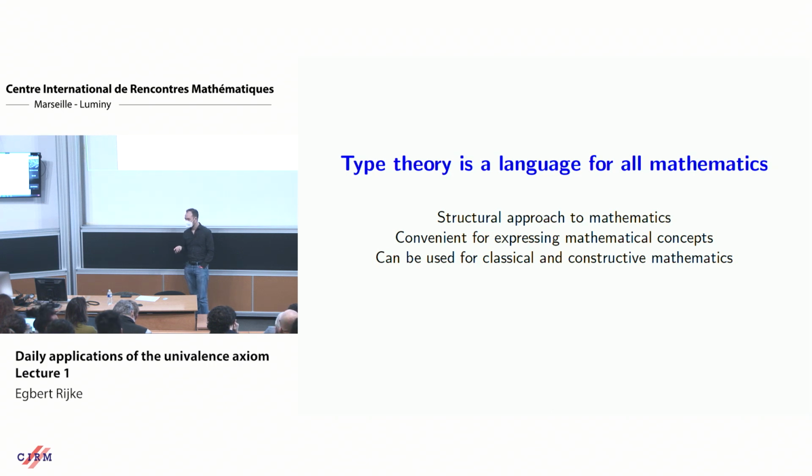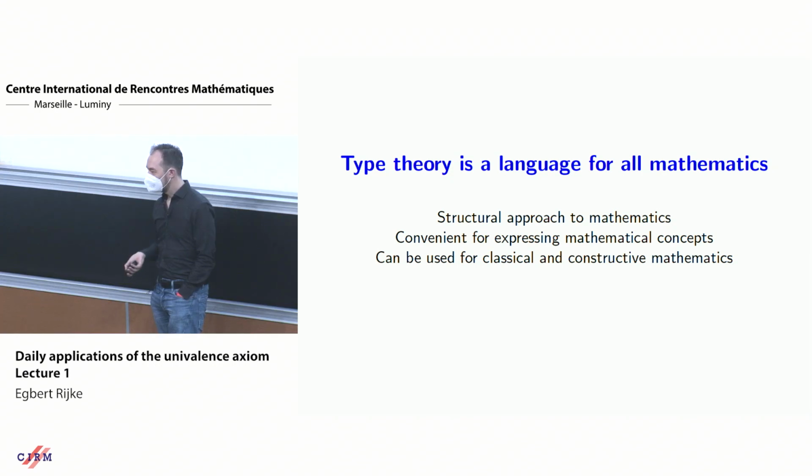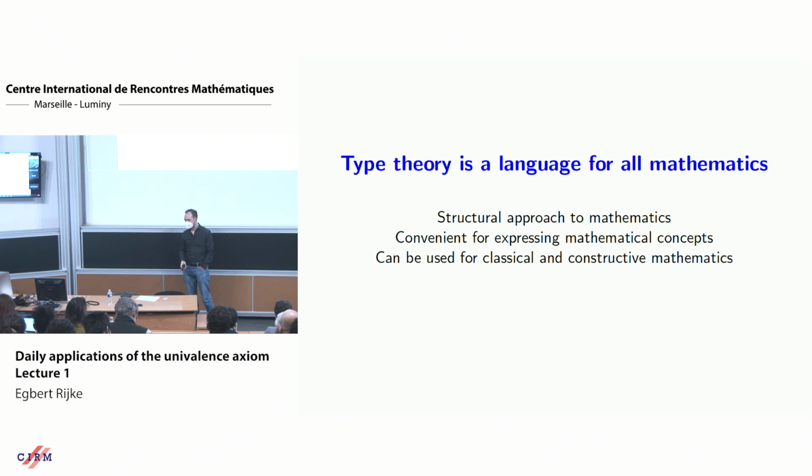But I think this last point is quite important, because a lot of people that are interested in type theory are very enthusiastic about constructive mathematics, but a lot of classical mathematicians are much more enthusiastic about classical mathematics. And it's very important to accommodate both. And in type theory, you can of course do that.